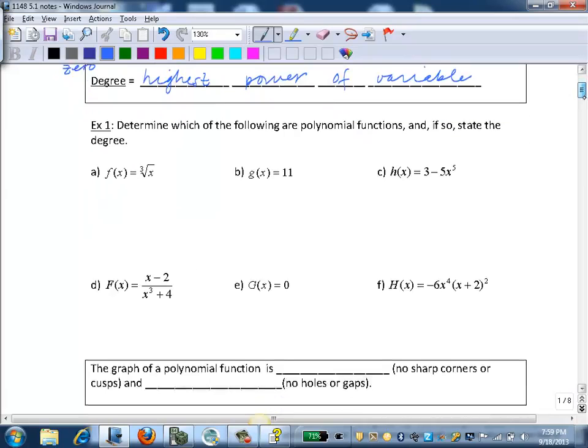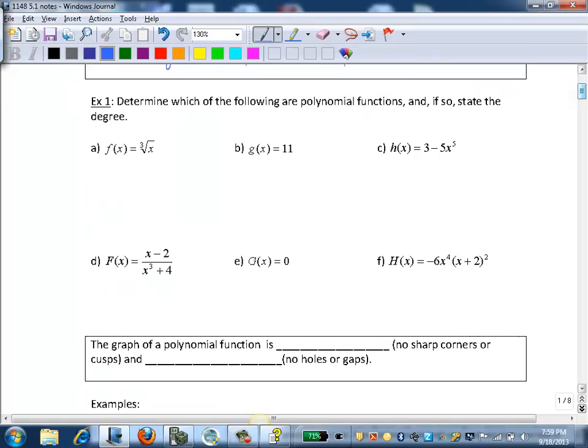So let's look at some examples. First you'll be given functions and you'll be asked to determine whether those are polynomial functions from their equation. Okay, so part A. We have f of x equals the cube root of x. So we want to remember that the cube root is the same as the 1/3 power. So this is really x to the 1/3 power.